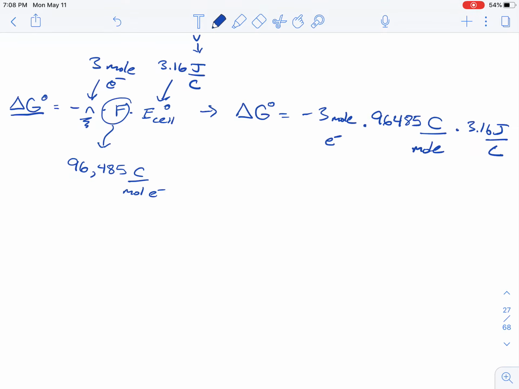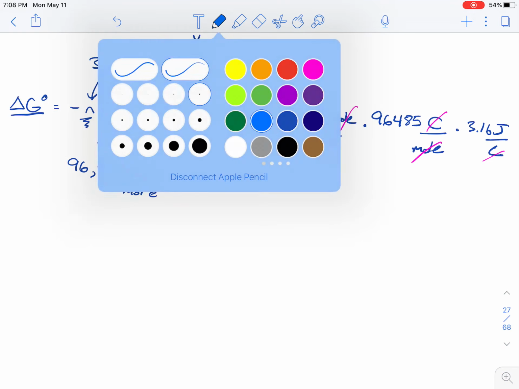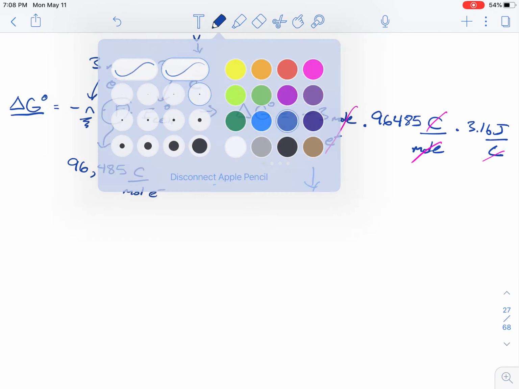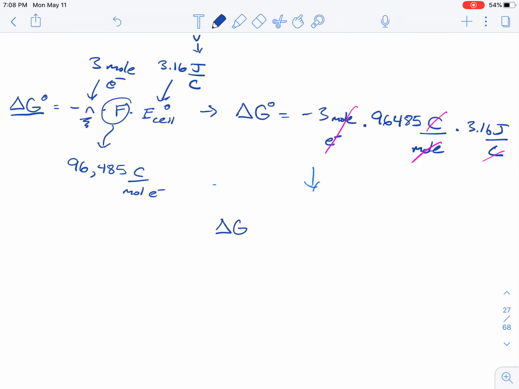And so I can go ahead and cancel my moles of electrons. My coulombs will cancel. And when I multiply my values, so I will get 3.16 times this by 96,485 times this by negative 3.